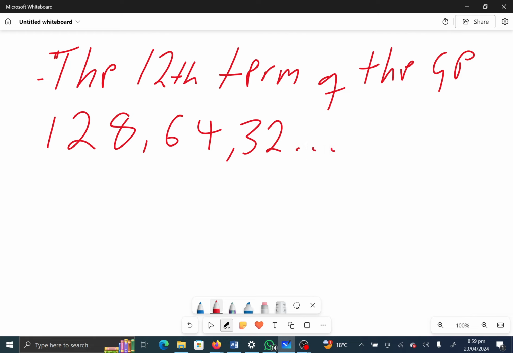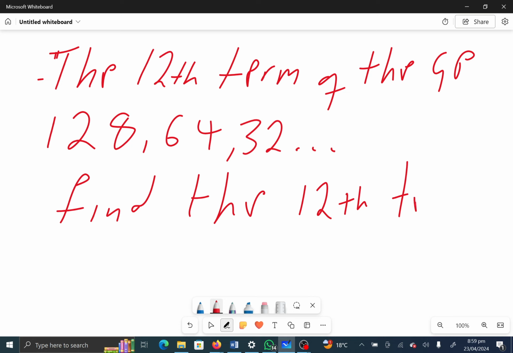Then we are told to find the 12th term. So we are finding the 12th term for this GP.